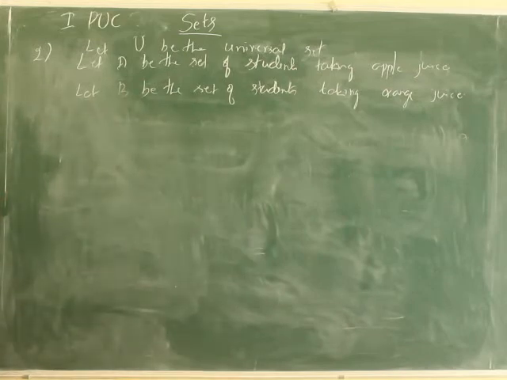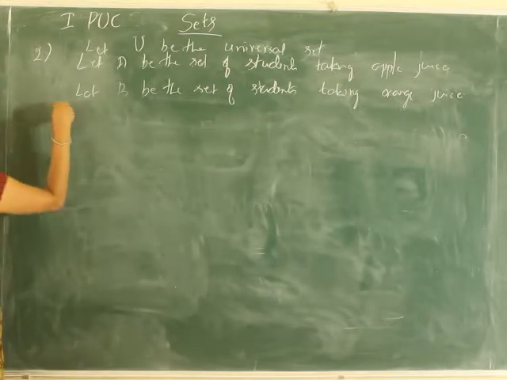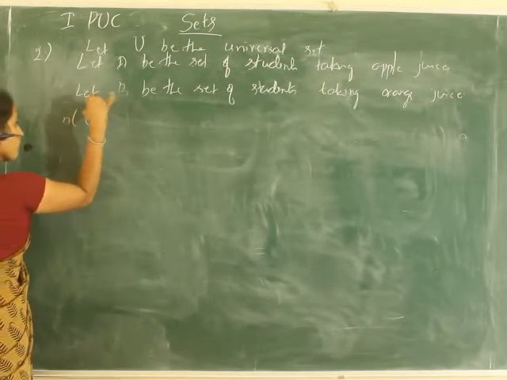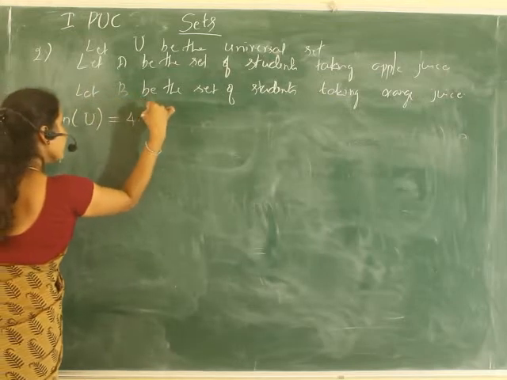Then U is the universal set. What is that value? n(U) is 400.